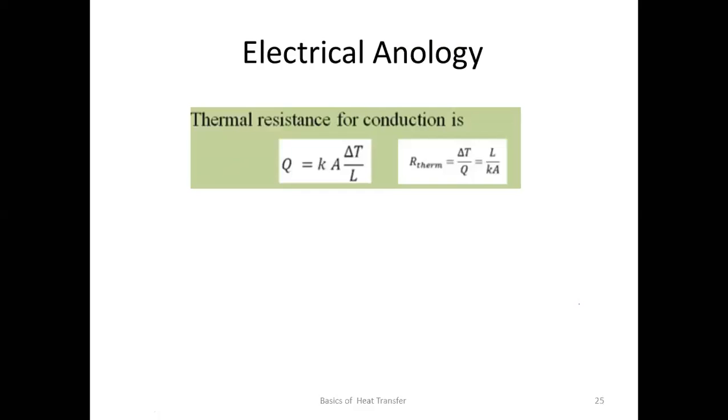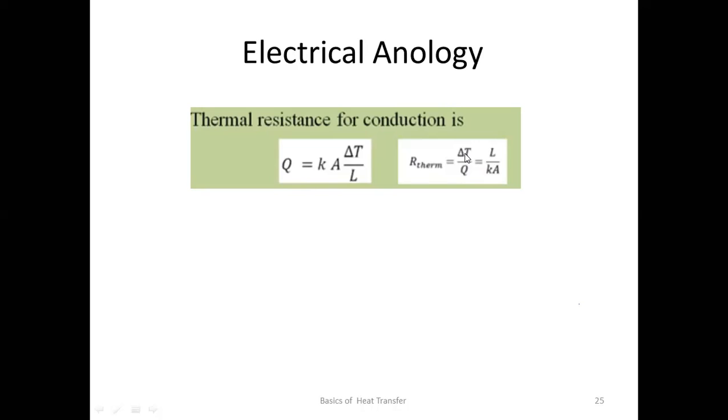Now we will see the electrical analogy. This formula you have already seen: Q is equal to KA delta T by L. This is for conduction. Now R, thermal resistance, is delta T upon Q. You know the electrical resistance formula is delta V upon I, voltage difference upon current.